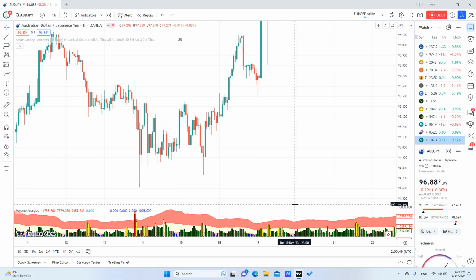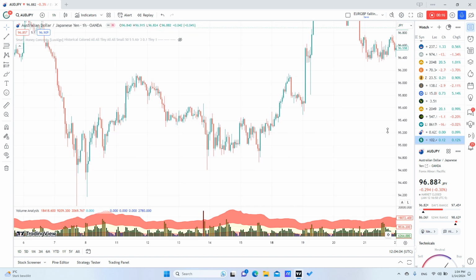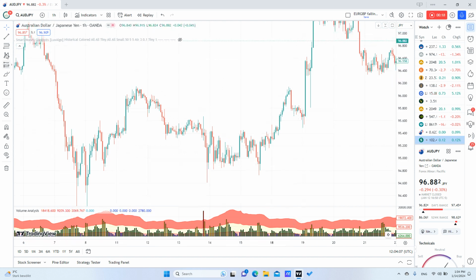Hi again. Today I will analyze the USD pairs, and also I will give another example for engineered liquidity on AUD Japanese. We are looking at the 1 hour chart. As you can see here, engineered liquidity is something that is not natural liquidity.